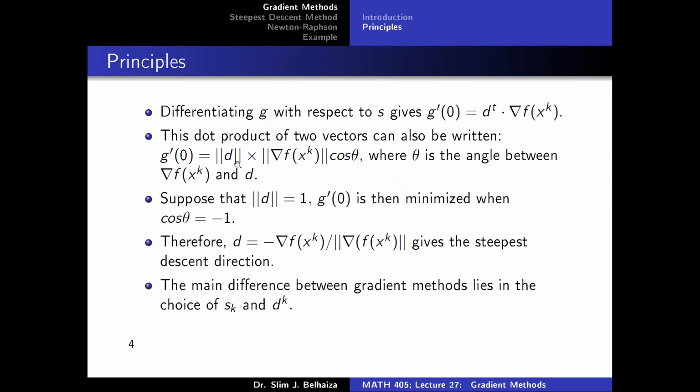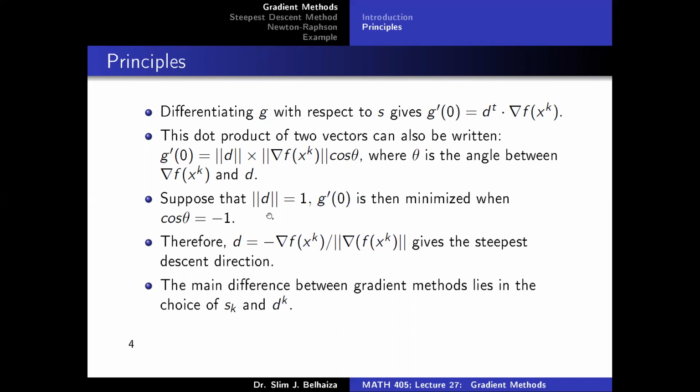So the main principle of gradient methods is that we differentiate g with respect to s to find the solution for s. It gives g prime of 0, which is equal to d transpose times the gradient of f at xk. And this dot product of two vectors can also be written as the product of the two magnitudes of d and the gradient of f times the cosine of theta, where theta is the angle between the two vectors, the gradient of f at xk and d.